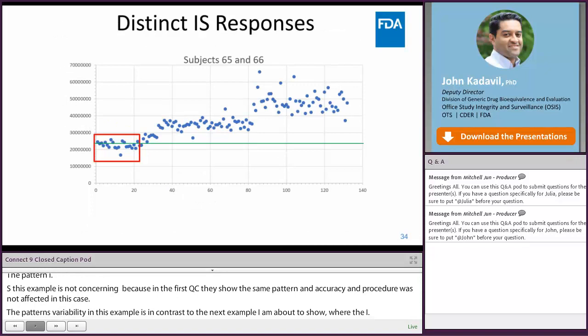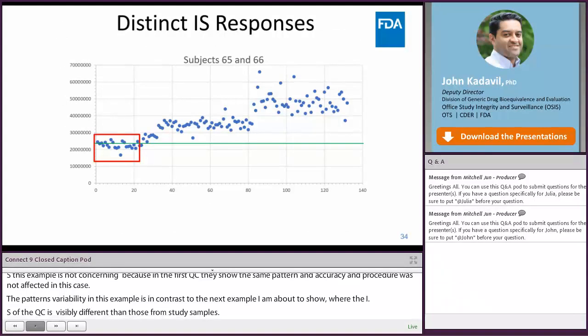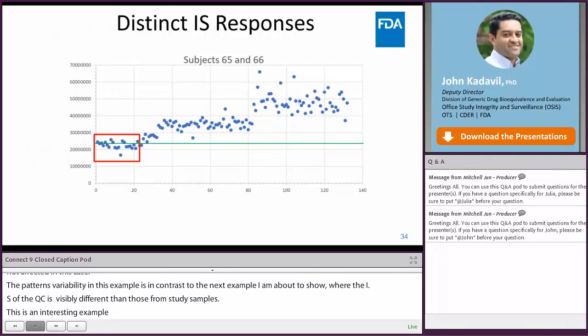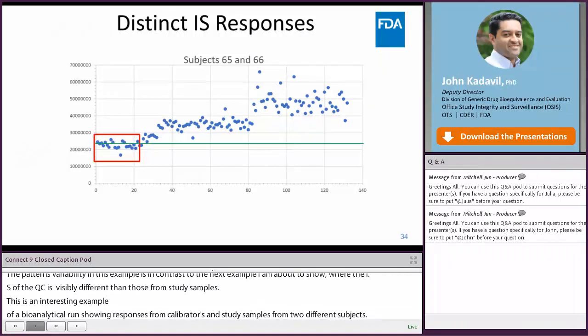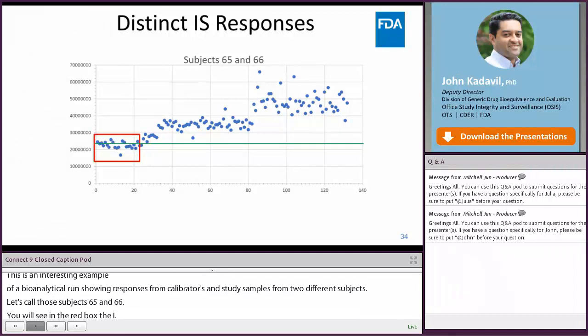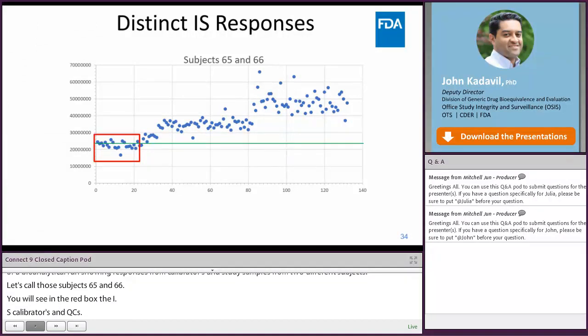So this is an interesting example of a bioanalytical run showing IS responses from calibrators, QCs, and study samples from two subjects. Let's call those subjects 65 and 66. You'll see in the red box the IS responses from calibrators and QCs. Now, please note that QCs were interspersed throughout this run, but for the sake of comparison, we've clustered the IS responses of the QCs with those from the calibrators.